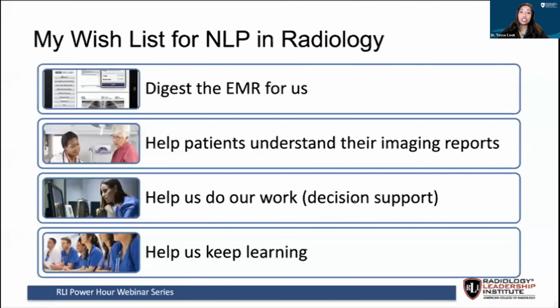I think there are definitely decision support capabilities here, both for us and for our referring clinician colleagues. And certainly the education potential is significant here for us, for our trainees, for those of us in the academic world, because of the ability of these tools to synthesize large quantities of information in a nice, digestible way.